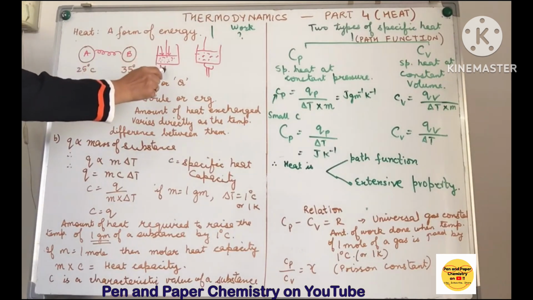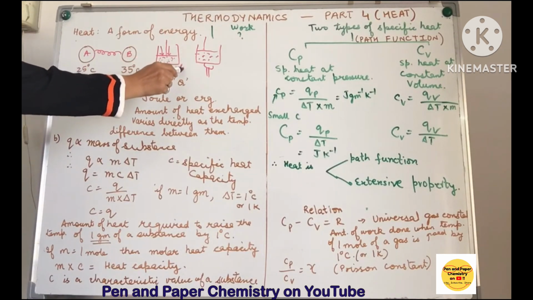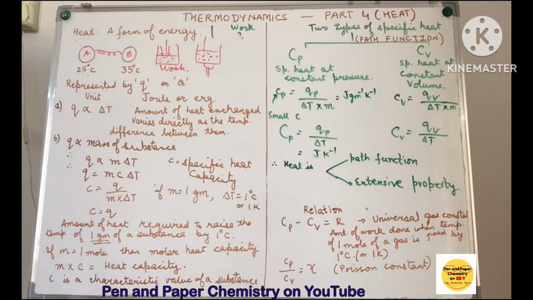So if you realize, when work is done on the system, it helps to organize it. It helps to bring the particles closer. When heat is applied on a system, it causes the system to become more random. The particles tend to fly apart, they move away from each other because of the energy given to them.